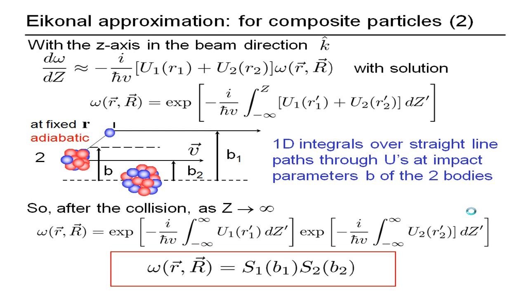I throw away the curvature term. I've only a component of the gradient in the z direction. And now this has a sum of two terms. And so when I write down the solution of this first order differential equation as an exponential function, I have a sum of two potentials upstairs. So I've got the exponential of a sum, and the exponential of a sum is the product of exponentials.